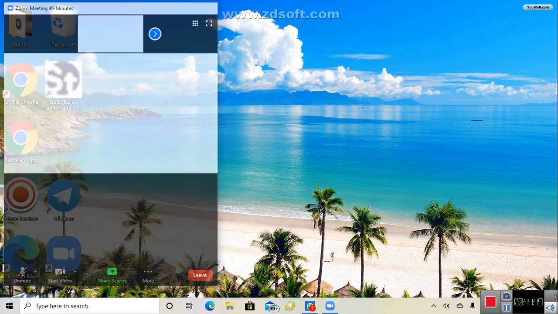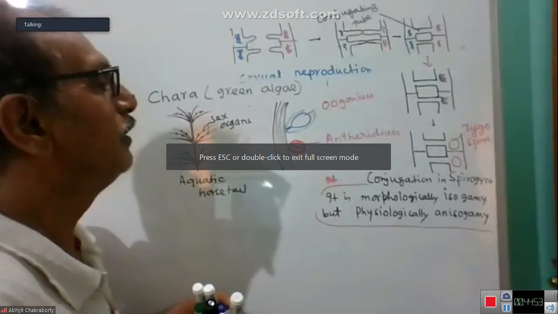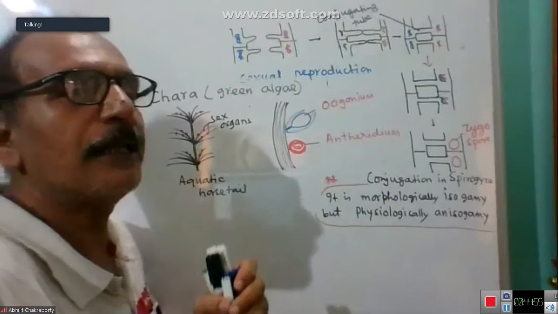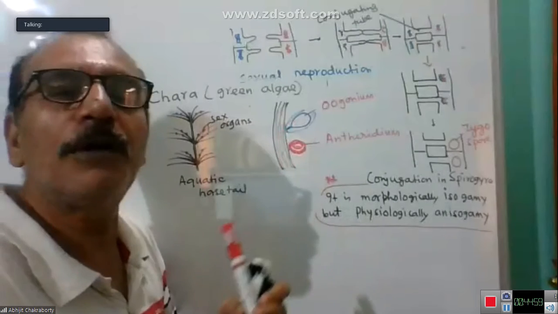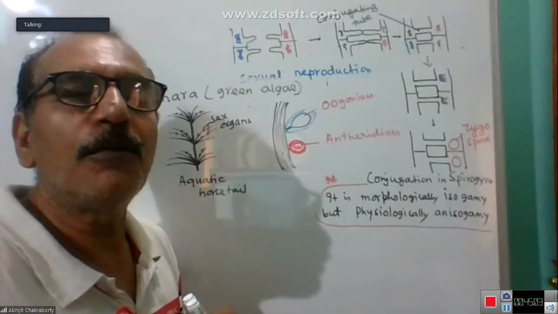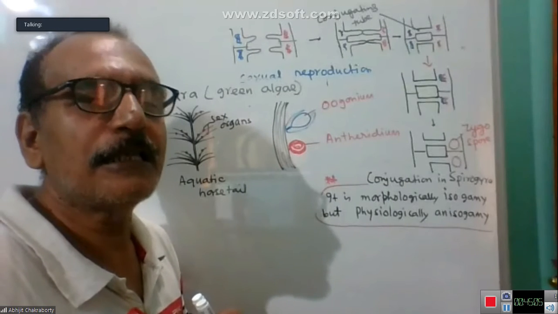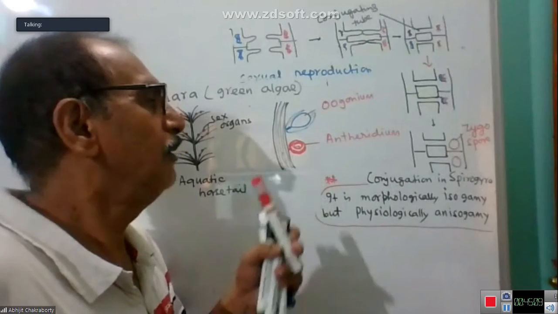The antheridium and oogonium are produced. Eventually, sperms are released in the water. They are flagellated, reach the oogonium and fertilize the non-motile or sessile egg there to form the zygote.